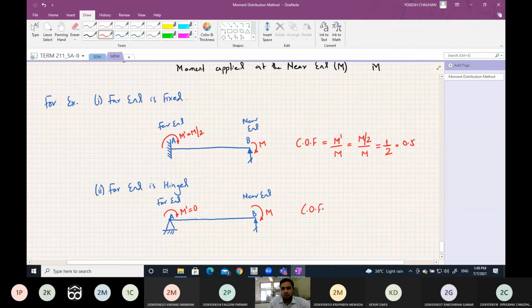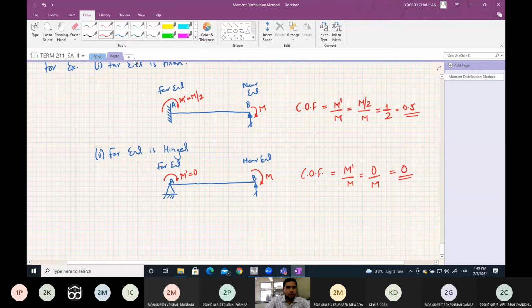So carryover factor in this case will be 0. Okay. So the carryover factor for far end fixed case will be 0.5, and the carryover factor for far end hinge case will be 0.